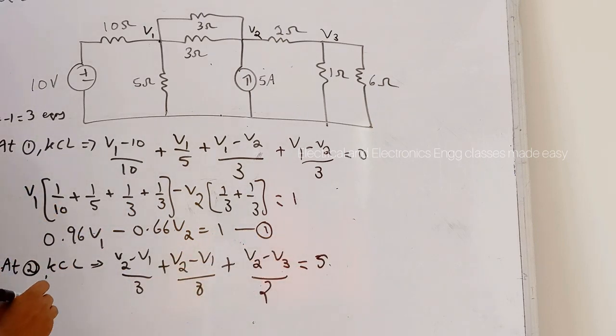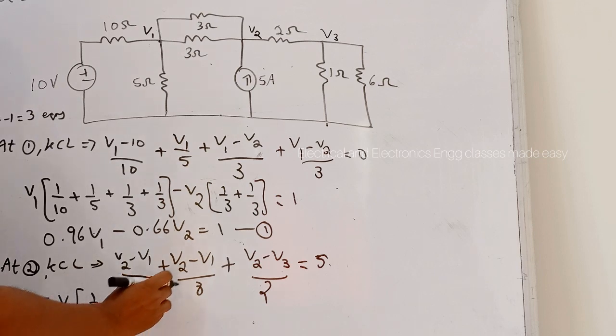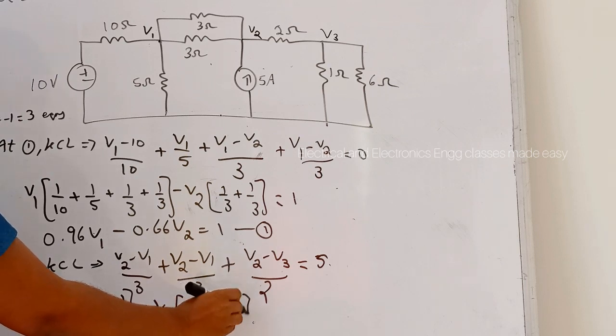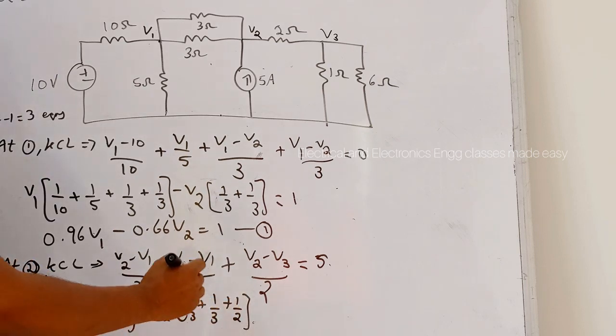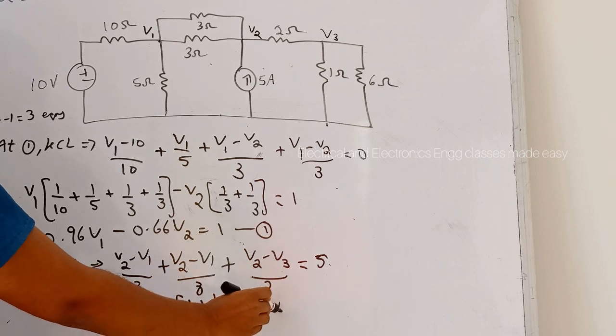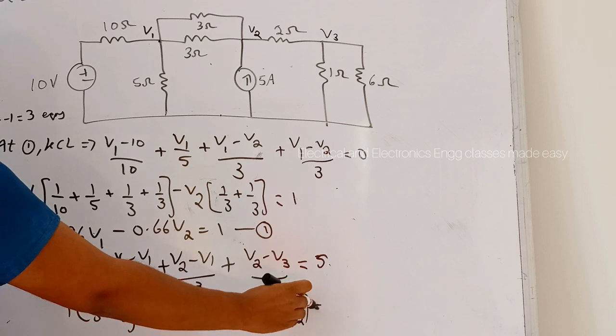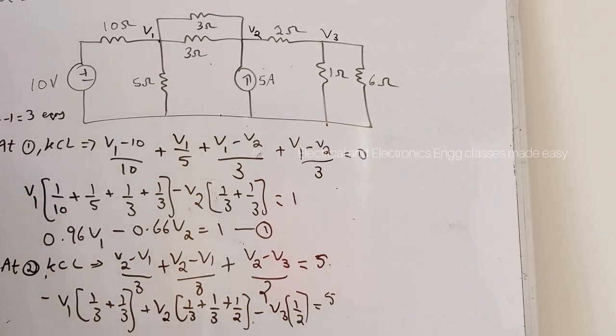Now we can rearrange this: minus V1 into 1 by 3 plus 1 by 3, then plus V2 into 1 by 3 plus 1 by 3 plus 1 by 2, then minus V3 into 1 by 2 equal to 5.